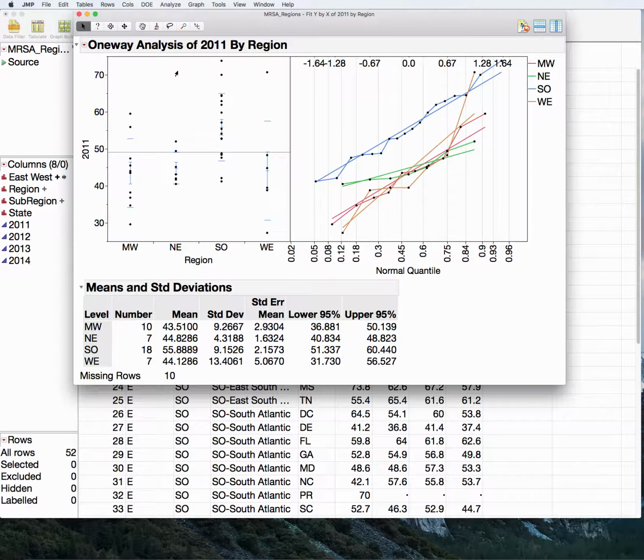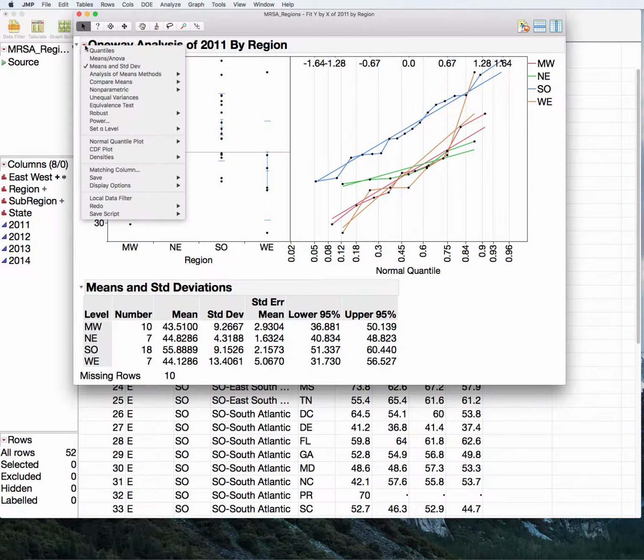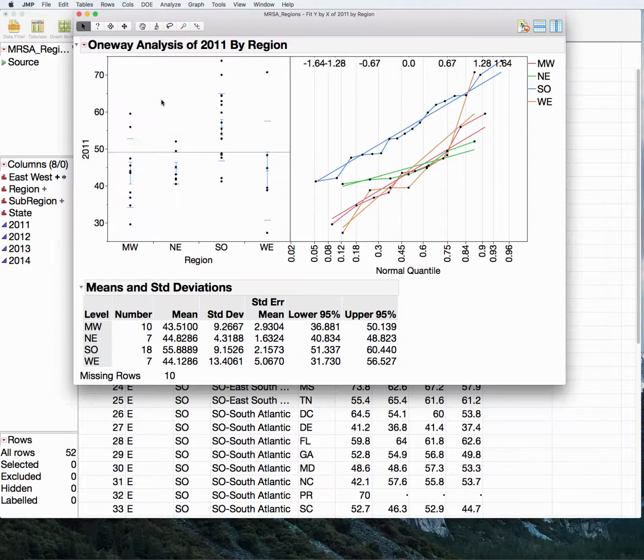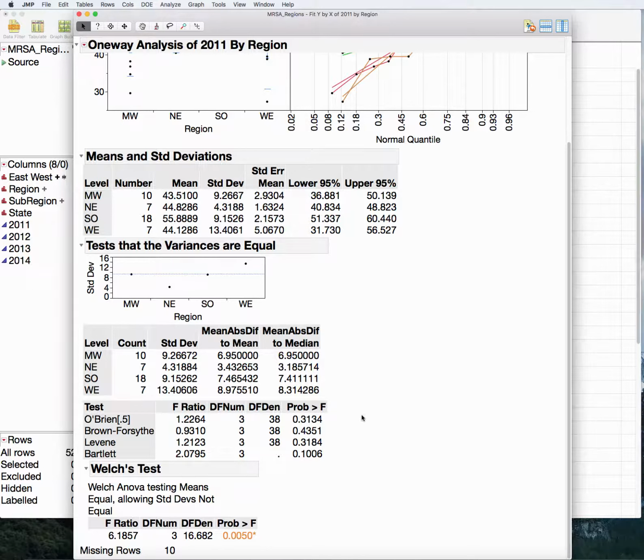If we would like to test for equal variance, that is an option, unequal variances. And you can see here that we get our test statistics. Now remember, we look at the Brown-Forsythe test. It is more robust to outliers and departures from normality, so we'll take the Brown-Forsythe test.